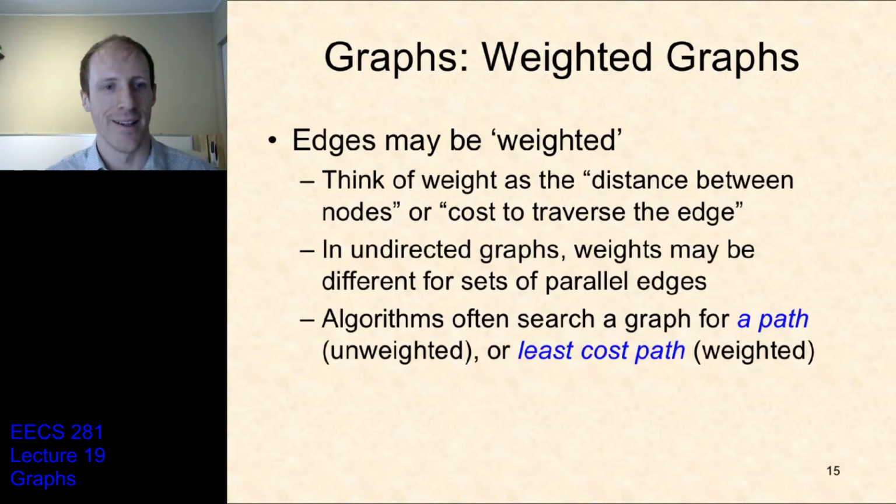So now that we've added directions to our edges, let's also add some extra information onto the edges. We're going to allow edges to have a weight, and this will be represented by some double or integer value that is associated with each edge in the graph.